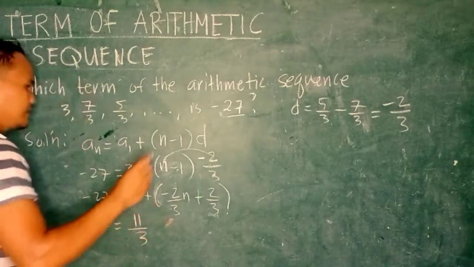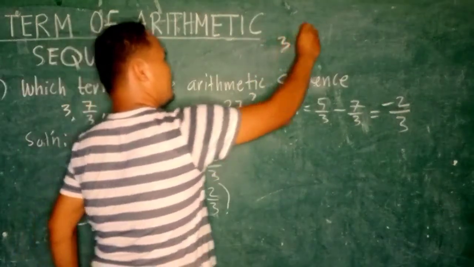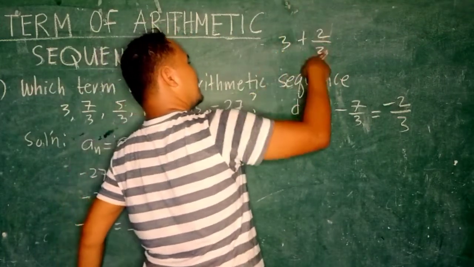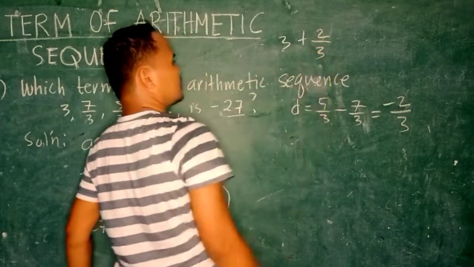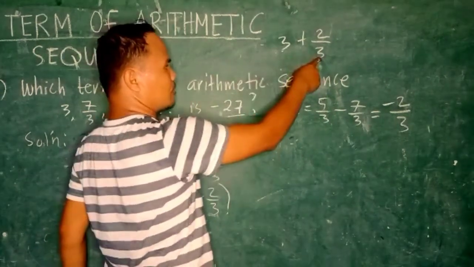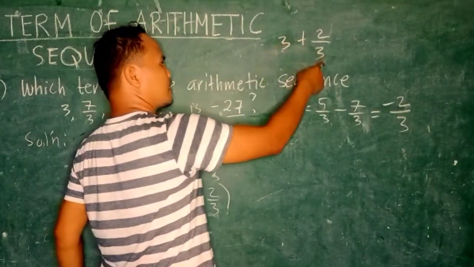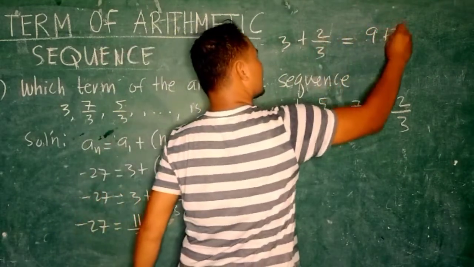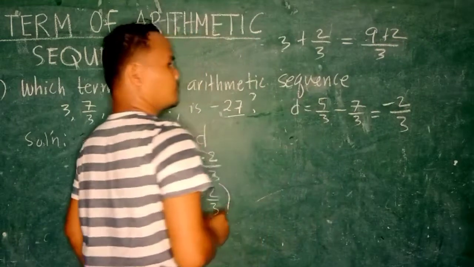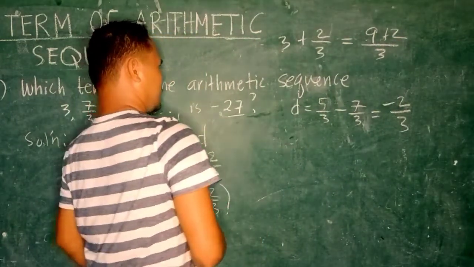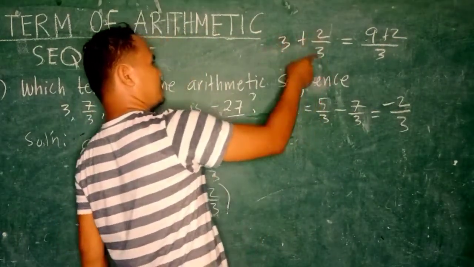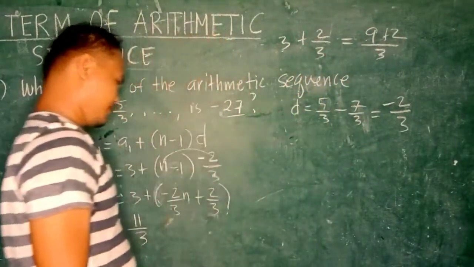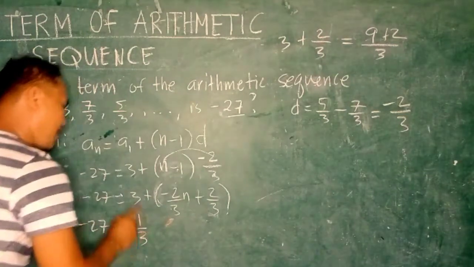Ang shortcut method niya na, i-multiply lang mo sa 3. So 3 times 3, 9, plus 2, over 3. That's 11 over 3.